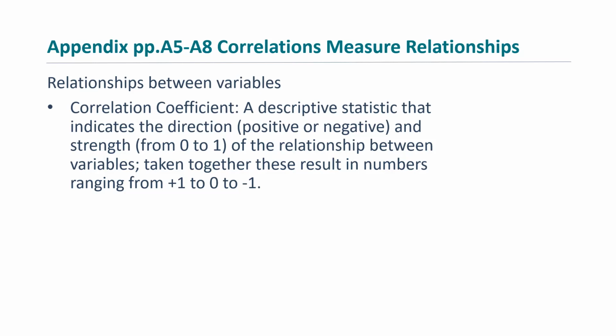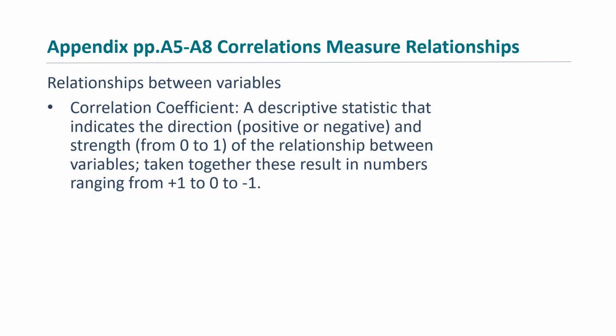So let's figure out what the positive versus negative means. What does the number actually mean? Well, first of all, ignoring whether it's positive or negative, the higher the number means the stronger the relationship. And higher means closer to +1 or closer to -1.